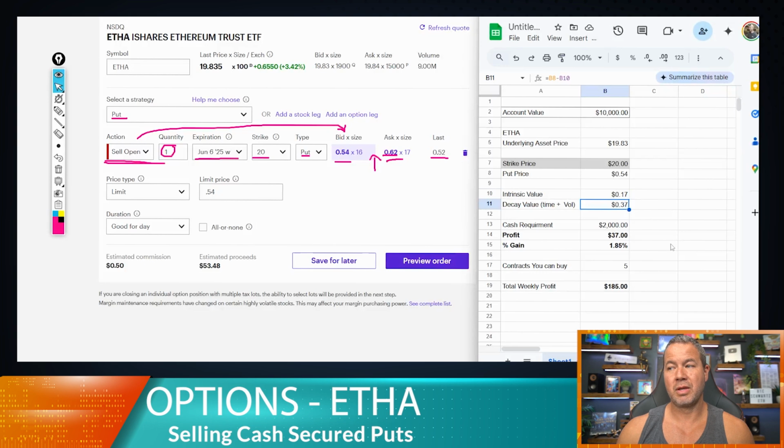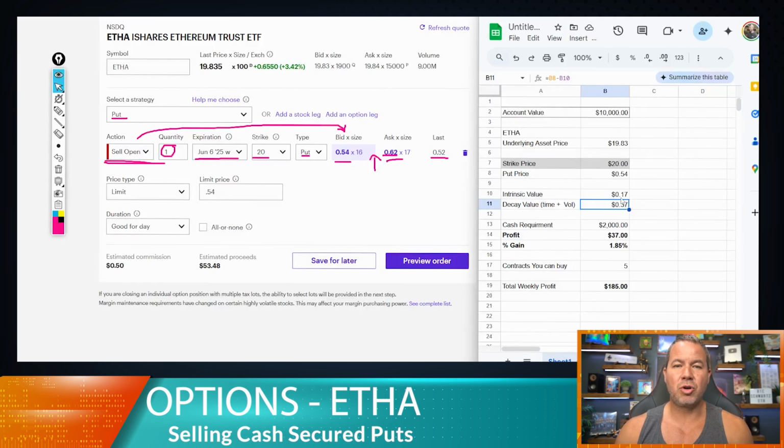Okay? So that means I will actually profit the full 37 cents. Why? Because on Friday, I will have to buy back this put at 17 cents or get put into the option. But we would rather buy it back at 17 cents and move on and make the full 37 cents.